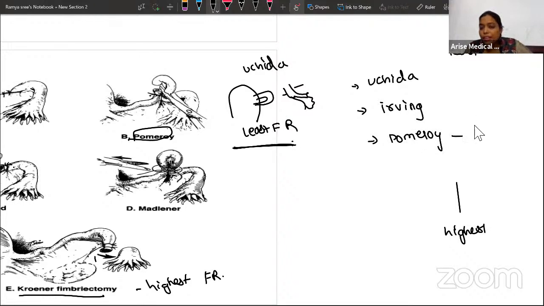Pomeroy, 1 in 300 to 400 cases, so it's around 0.2 per 100 woman years.